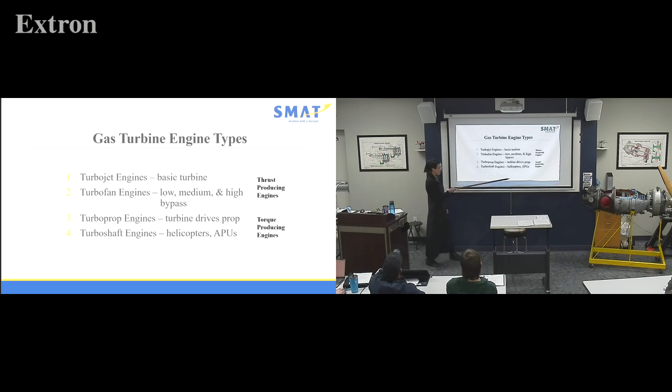Turboprop and turboshaft are called torque producing engines because that shaft is going to drive something, whether it's a propeller or geared to a transmission to a helicopter rotor, something that's not just the thrust going out the back. So thrust producing versus torque producing. Any questions on those four?